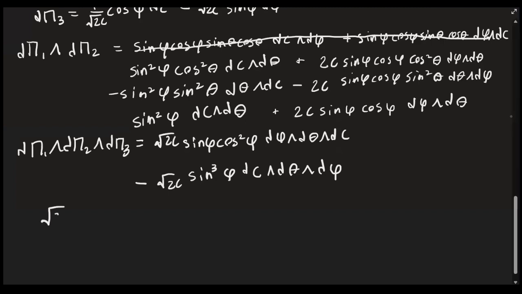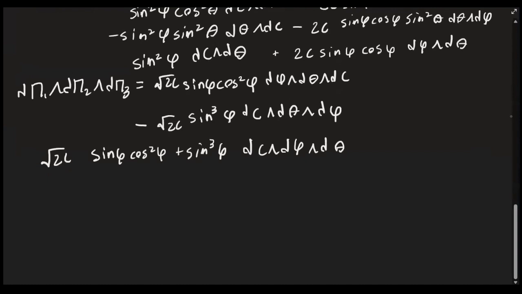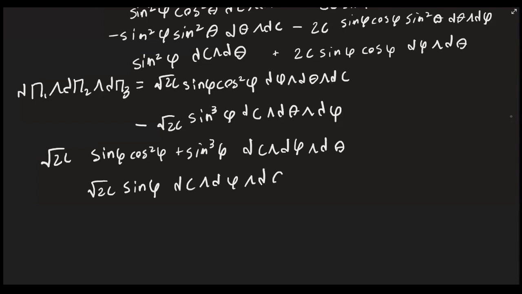So we'll get 2c sine theta cos squared theta plus sine cubed theta dc wedge d phi wedge d theta. Awesome. And you can just factor out a sine squared plus cosine squared. So this is 2c sine phi dc wedge d phi wedge d theta.